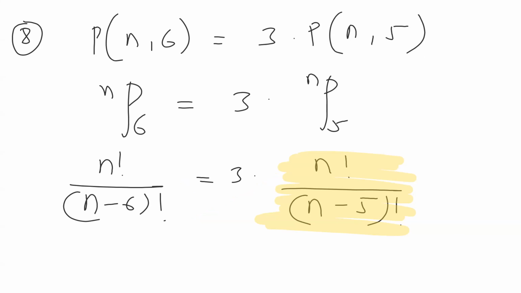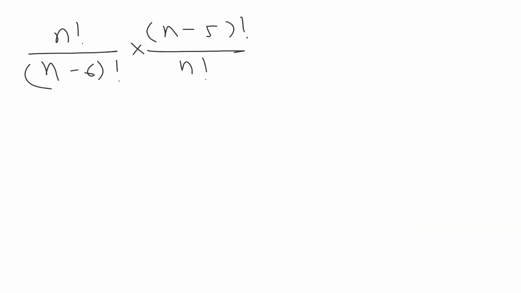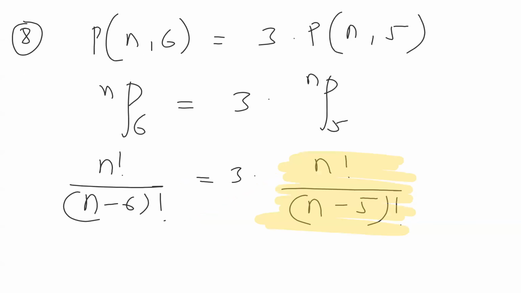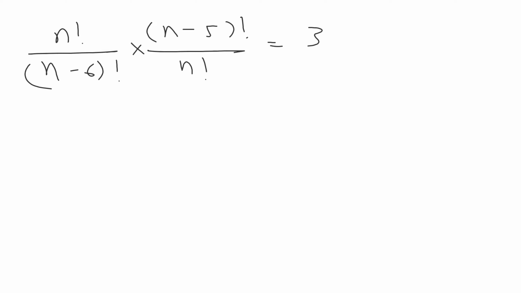So n factorial upon n minus 6 factorial into n minus 5 factorial upon n factorial is equal to 3. Okay, so n factorial is getting cancelled.